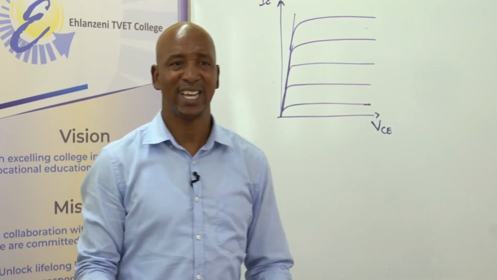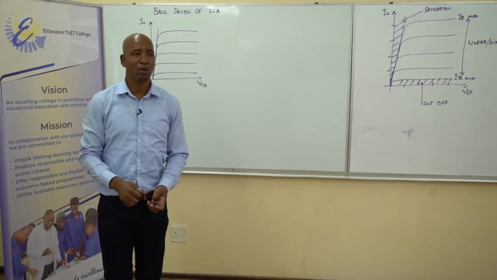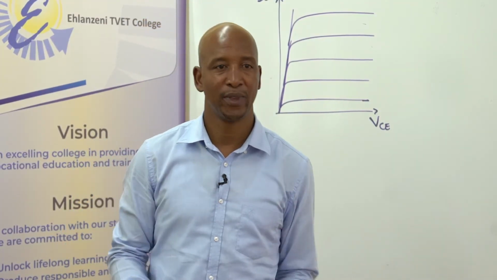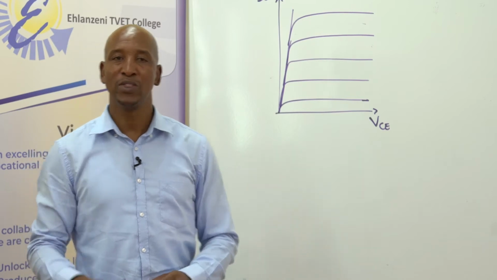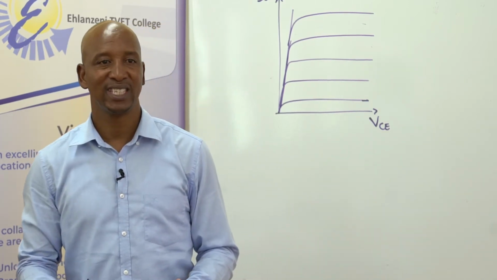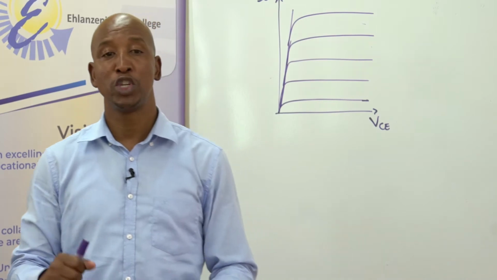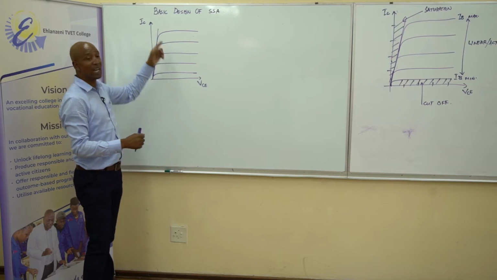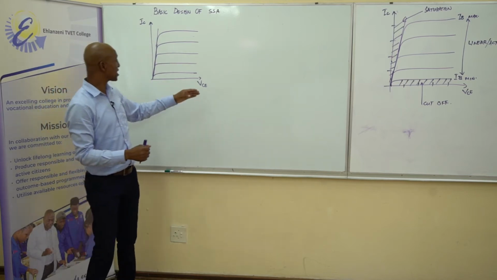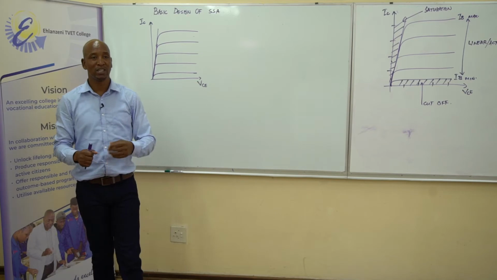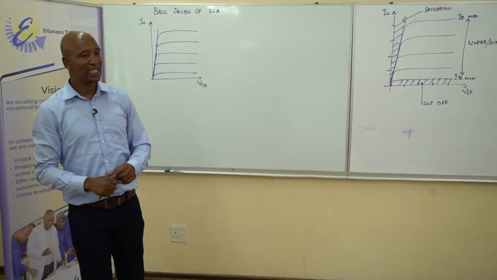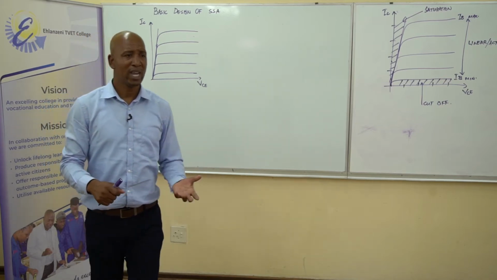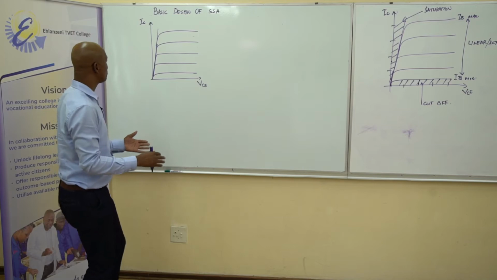For a basic design, we need to know what we call a DC load line. A DC load line is a line on the output characteristics of a transistor circuit, which gives the values of the maximum current that can be allowed in that circuit and the maximum voltage that can be given by that circuit, where there is no external input signal.